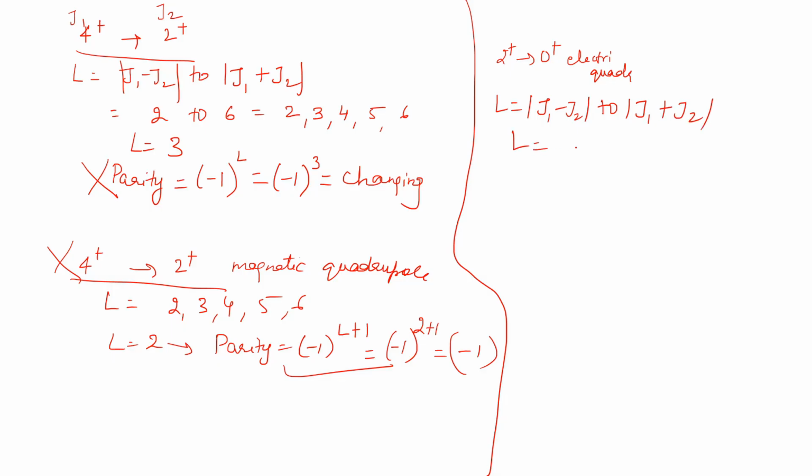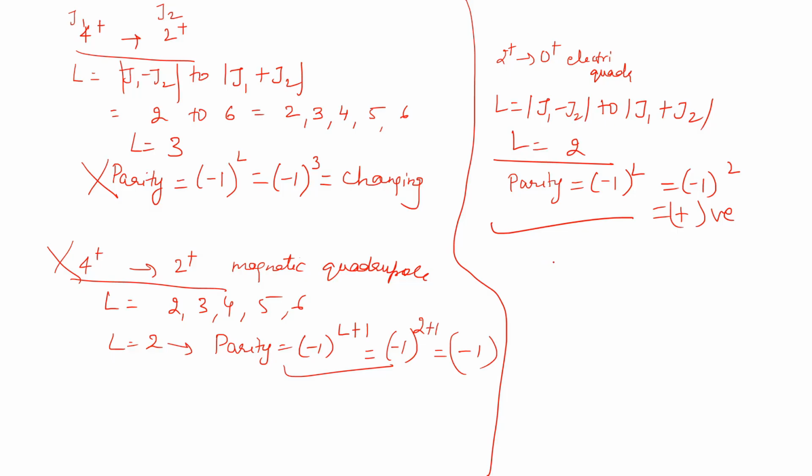L equals 2, right? This is quadrupole. Okay, so parity for electric transition is minus 1 raised to the power L. Minus 1 raised to the power 2 is positive. So it is correct because L is 2, electric quadrupole, and parity is not changing. It is correct. So the answer is C.